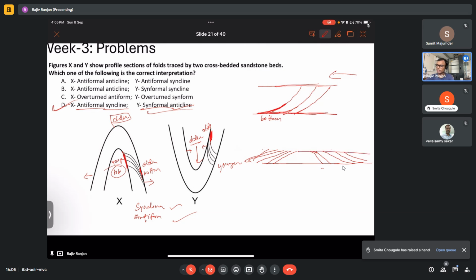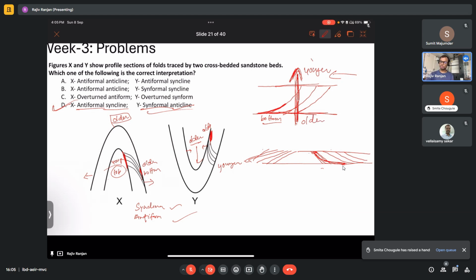It will become like this, right? You can see the bottom part is asymptotic. So this gives the bottom, and this is the younging direction. So this is younging, and this is older.